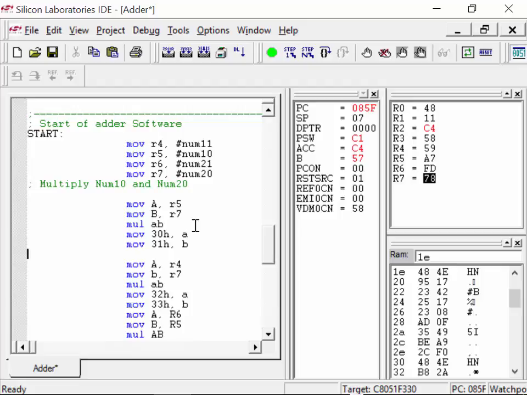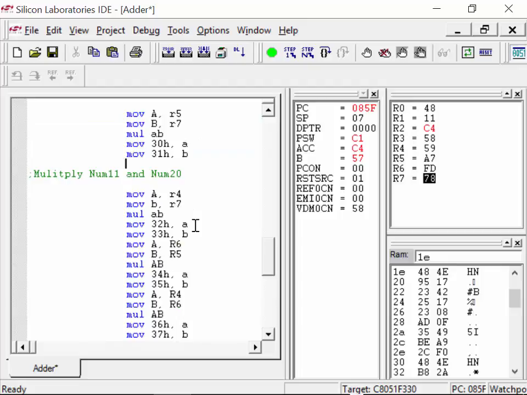Now we're going to multiply num11 and num20 right there. I'm just putting comments right here so you can see what's going on as we're going through here.